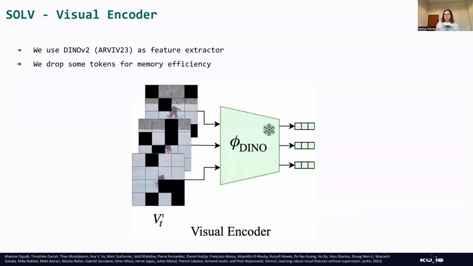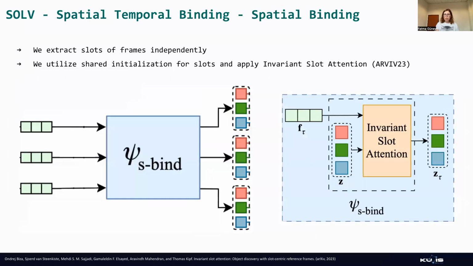For encoding the frames, we use the frozen DINOv2 architecture, and we drop some ratio of tokens randomly to reduce the memory footprint. Given the masked feature maps, we extract slots of each frame independently with our spatial binding module. Here, we utilize invariant slot attention by initializing it with shared and learnable parameters across frames. This is to encourage slots with the same index to bind to the same object region across frames.